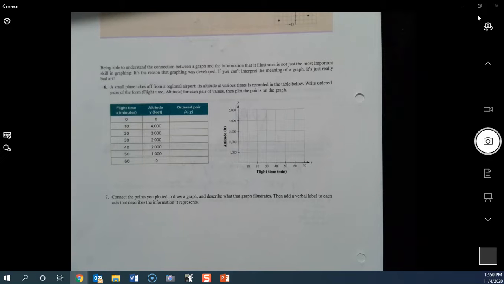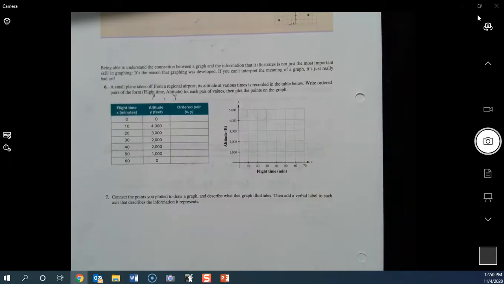A small plane takes off from a regional airport. Its altitude at various times is recorded in the table below. Write ordered pairs of the form flight time, comma, altitude. So flight time would be our X, the altitude would be our Y. For each pair of values, then plot the points on the graph.